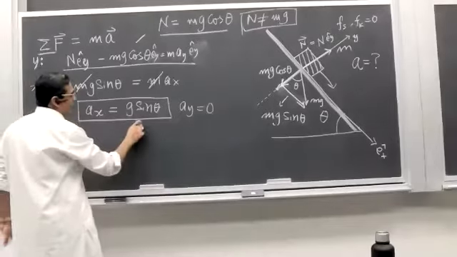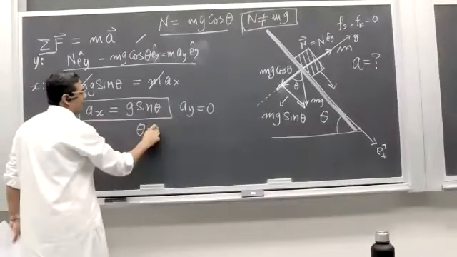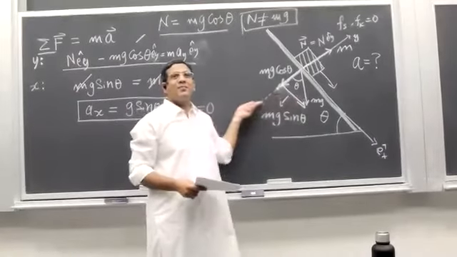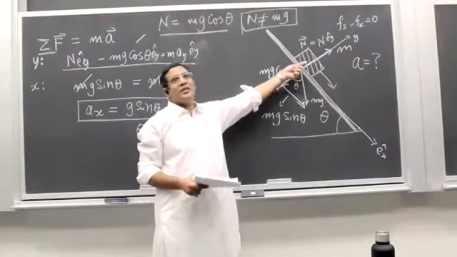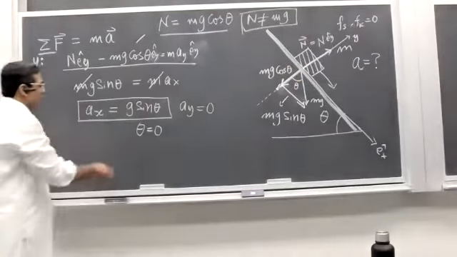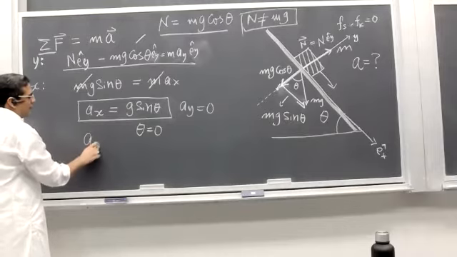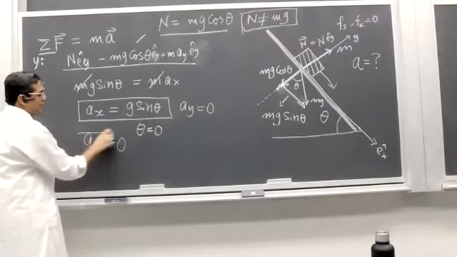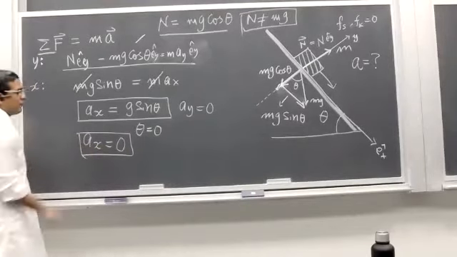Now if I input theta equals 0 in my answer, that would mean a flat surface, right? And no acceleration for the block. So now let's see if I get that from my equation. Well, I do. Sine 0 is 0, so the acceleration would be 0.